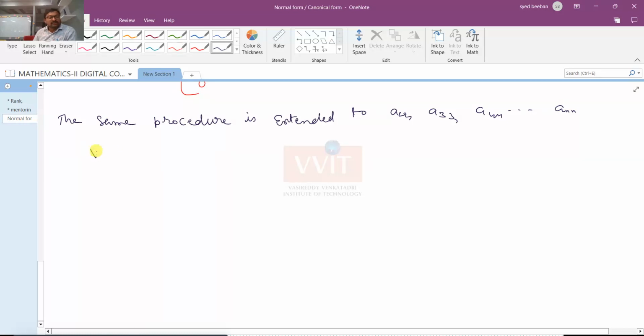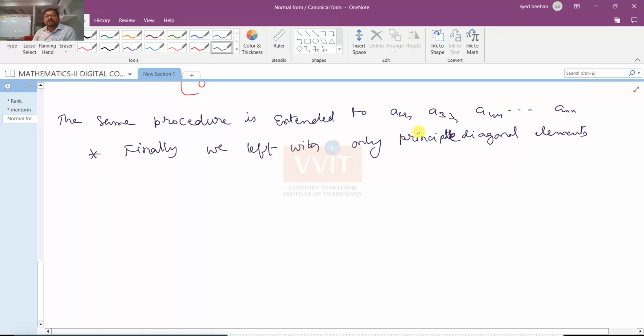So that finally we are left with only principal diagonal elements. Principal diagonal elements. In that, the sum may be 0 also.